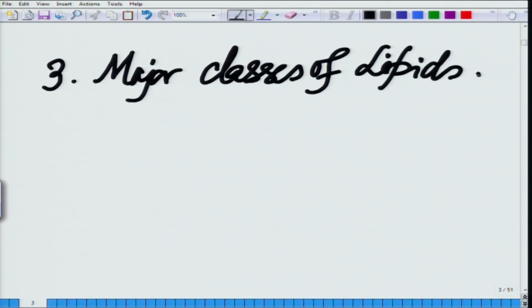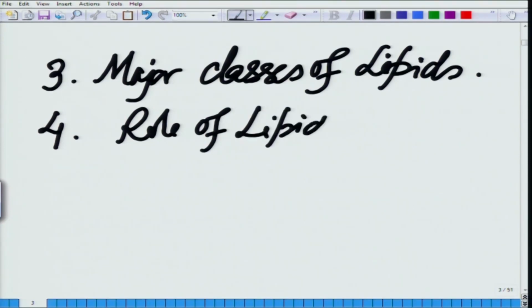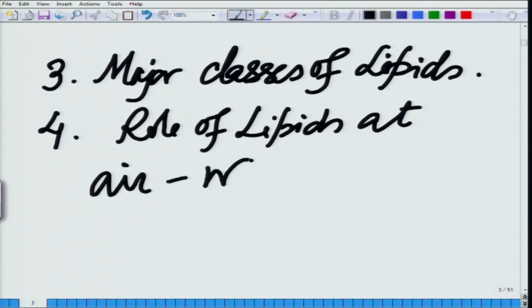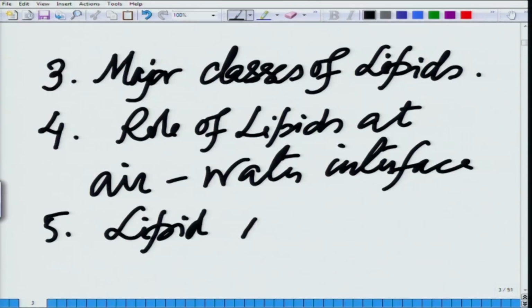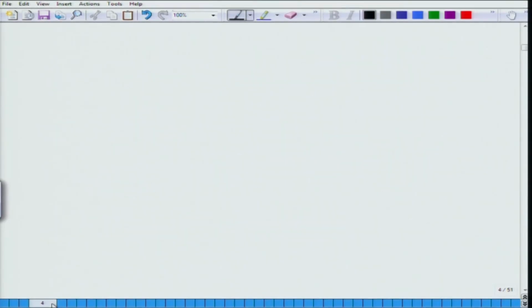So, we will be talking about the complete classification of the lipids, and then the role of lipids at the air water interface, and then we will be touching upon the lipid bilayer and its significance. Okay. So, with this, let us move on to the first topic.